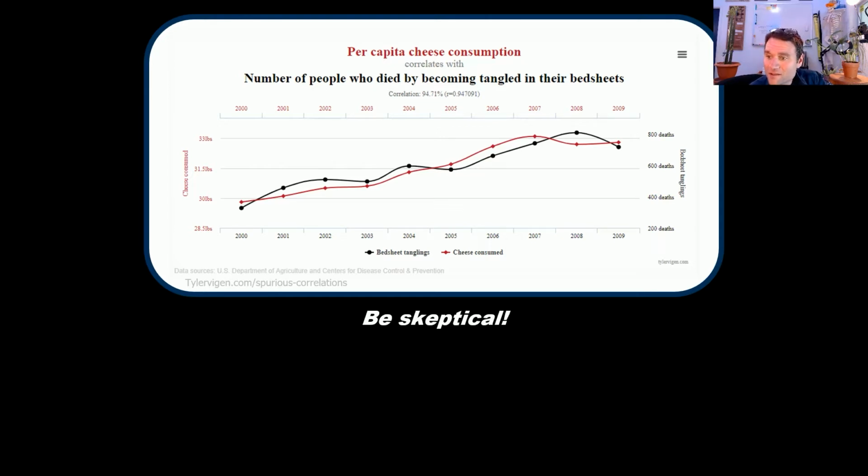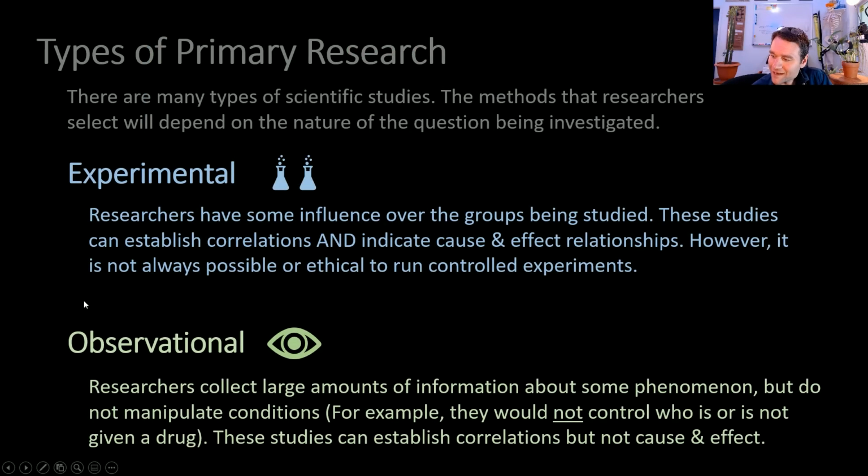So this brings us to the idea correlation is not the same as causation. And on that earlier slide, we said observational studies can establish correlation, right? You can take in lots of data and you can say, these two things are correlated with each other.